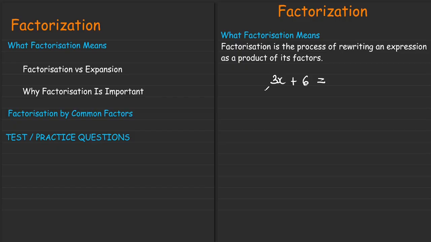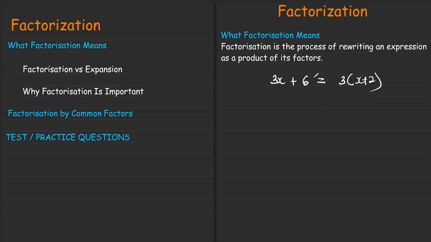Product simply means multiplication. So what other two factors would multiply to give us this? And that is 3 into bracket x plus 2. Don't worry about how it was done, but I want you to understand what factorization means, after which we'll look at how we actually factorize.